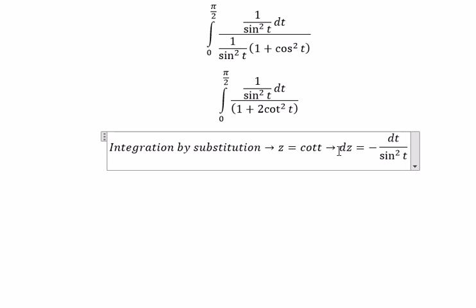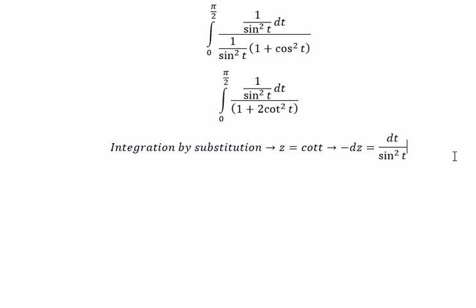Because we don't have the negative, we put negative in here. So we need to change the bounds in here. If t equal to 0, you got z equal to positive infinity.